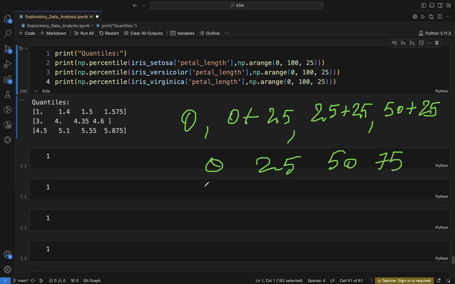So that's why I am getting the 0 percentile here, 25 percentile here, 50 percentile here, and 75 percentile here with the help of the code that I have written just now.